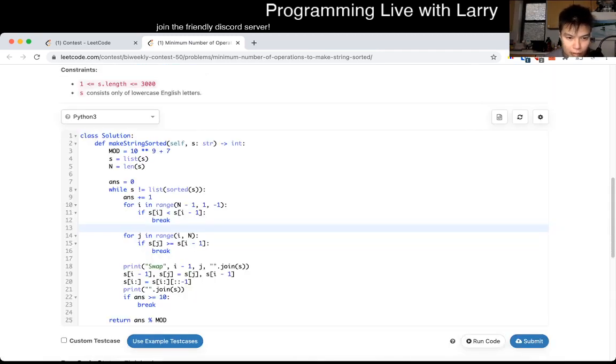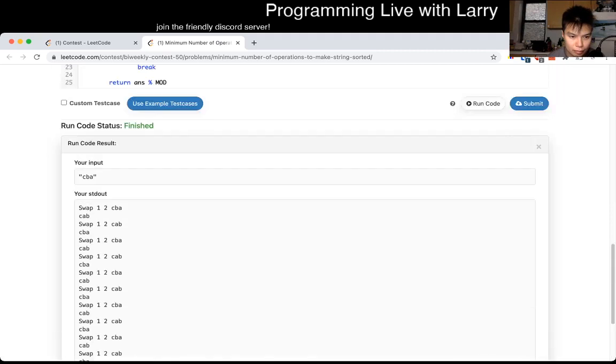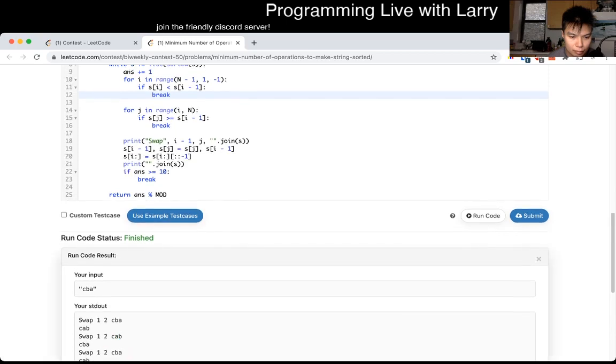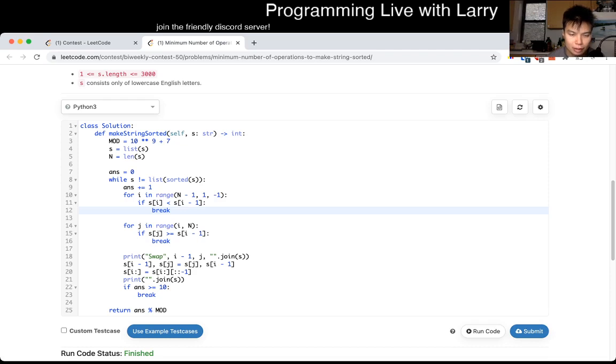Can't even write trivial code correctly. Why?